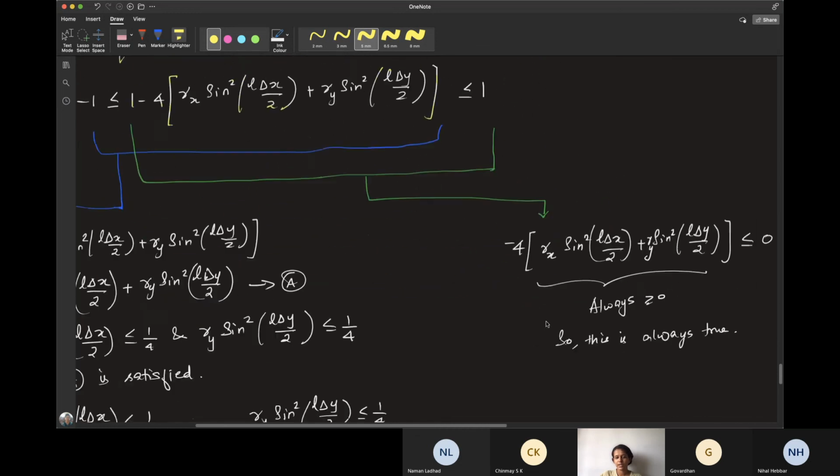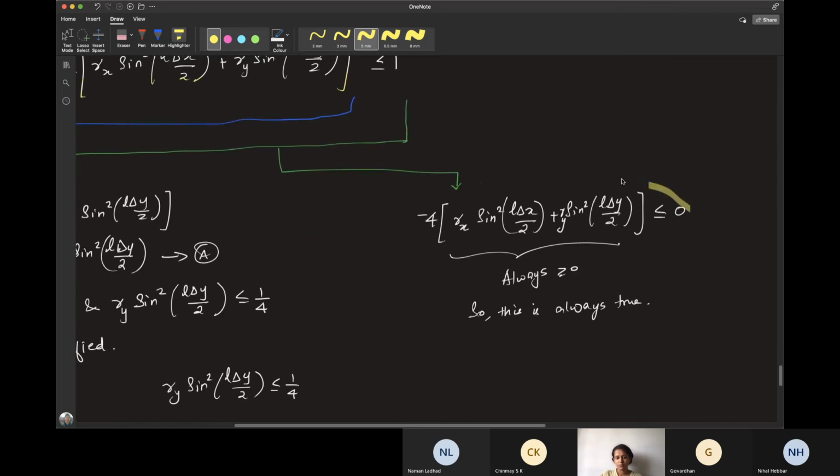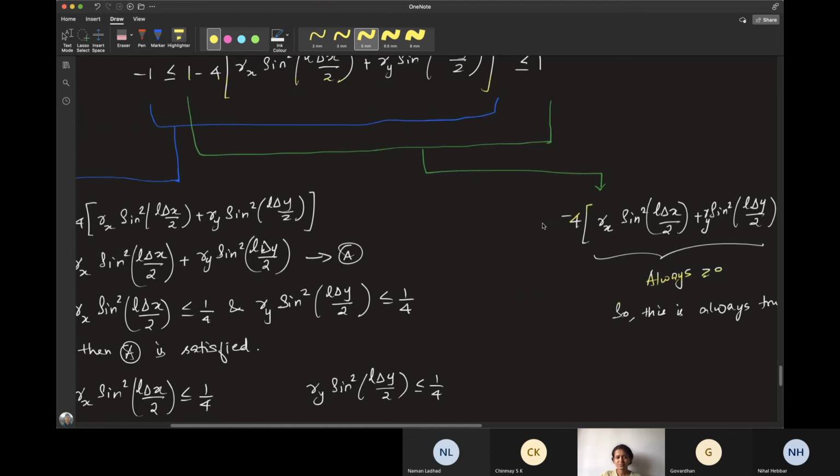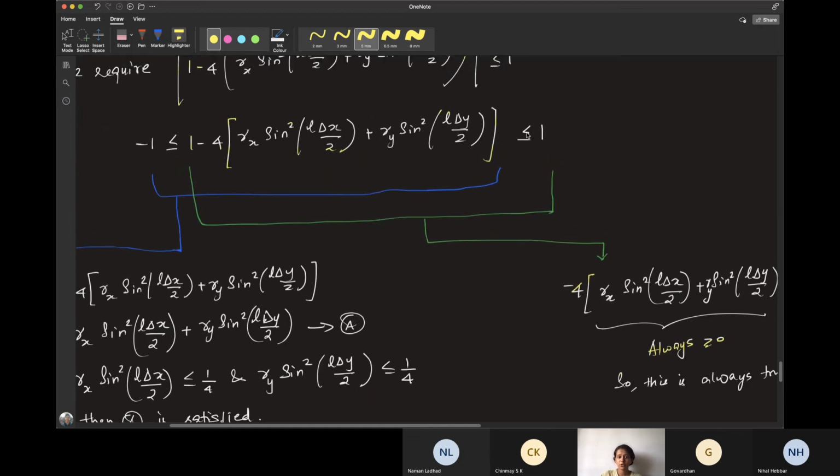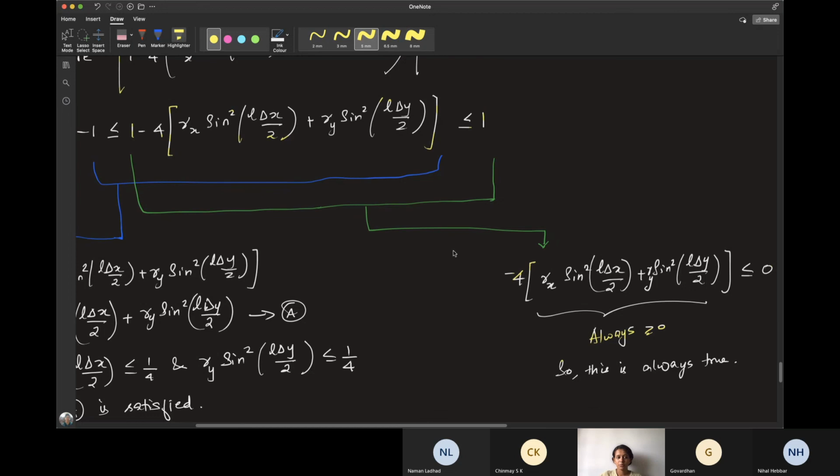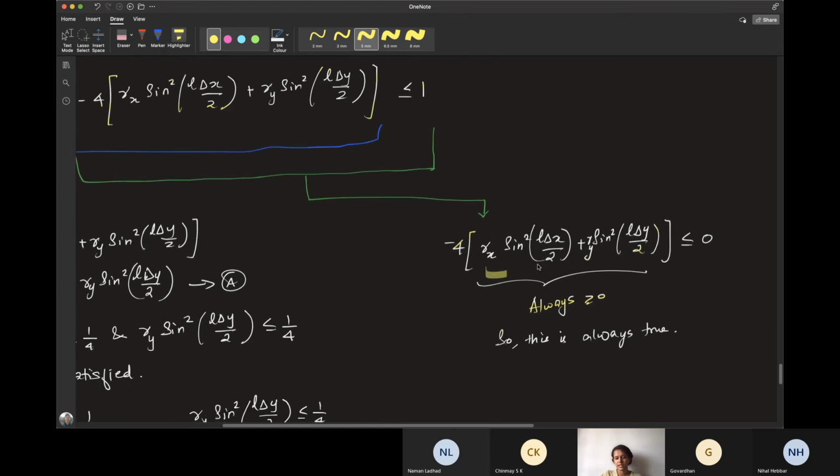Like in 1D, it only gives always greater than or equal to 0. This will always be true, because 1 will go off and you'll have minus 4 into this expression less than or equal to 0, and this expression is always positive because nu x and nu y are always positive. Nu x is alpha delta t by delta x squared, and nu y is alpha delta t by delta y squared.